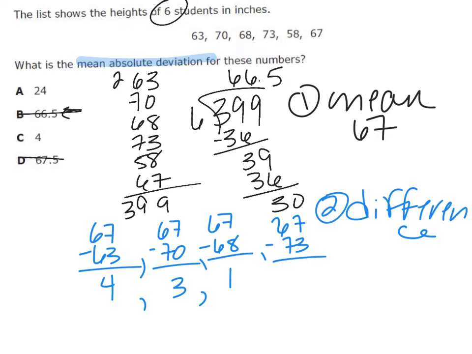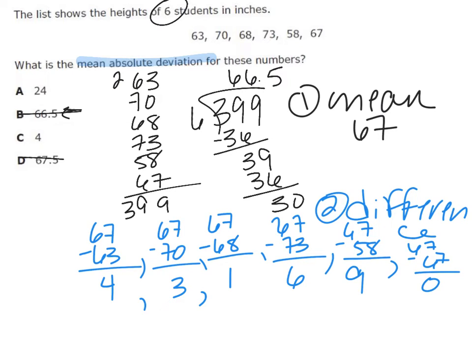Yep. And then 67 minus 58, which is 9. And then 67 minus 67, which is 0. Okay, so that's step 2.